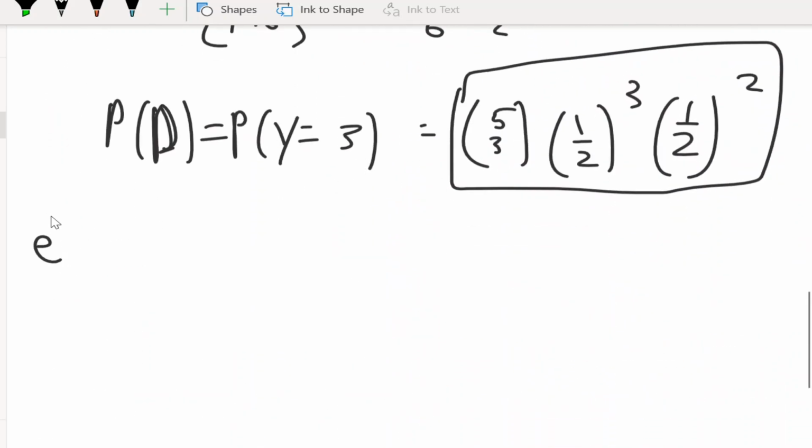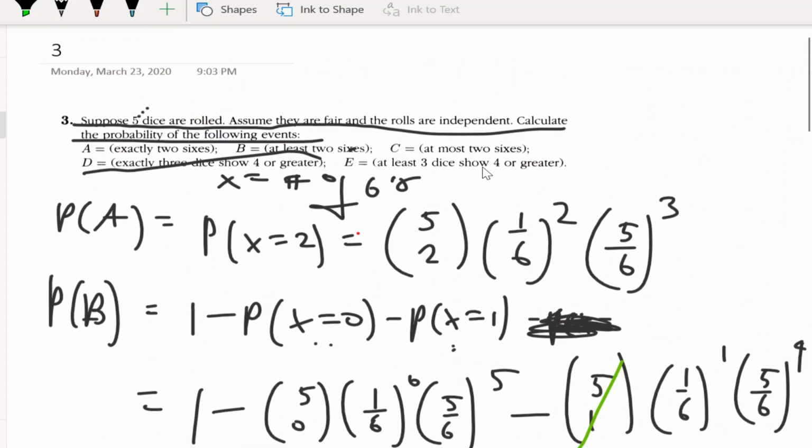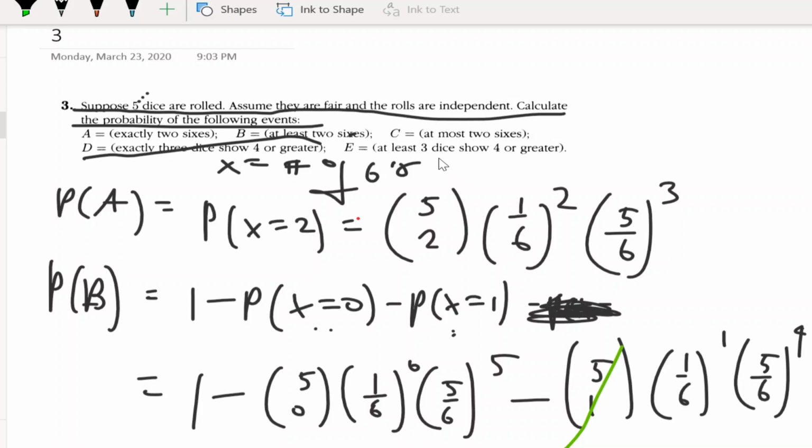Alright, so E, at least 3 dice show 4 or greater. Okay, so it's really the exact same as we did before. So 3, 4, 5, 6.